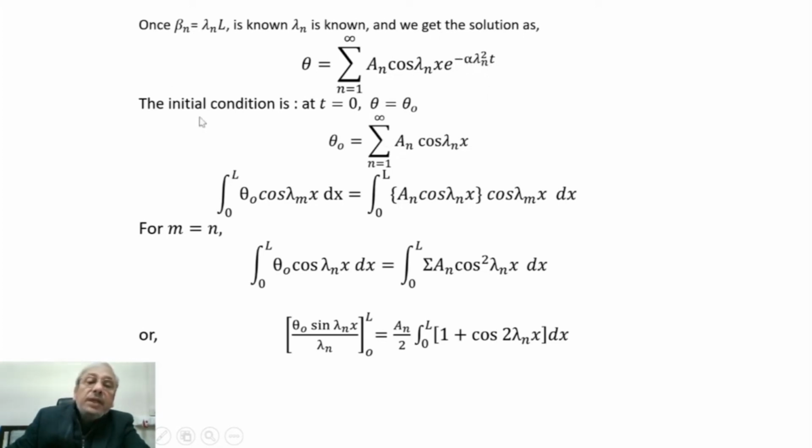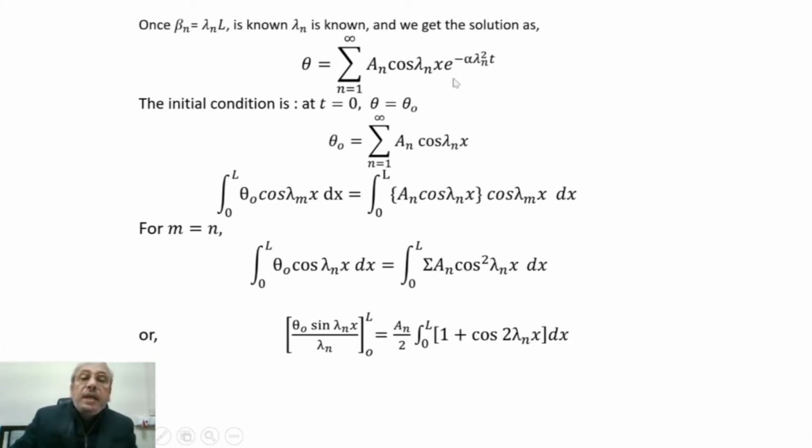Now the initial condition is known: the temperature is T0 everywhere on the slab. So at t equal to 0, we can say theta equal to theta 0. Now theta 0 equals the summation over this series, a n cos lambda n x at t equal to 0.